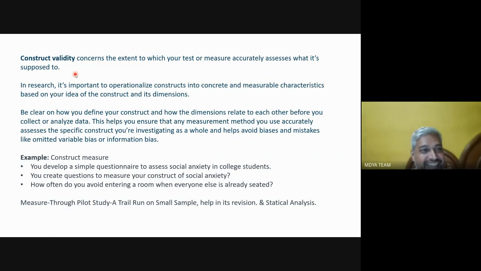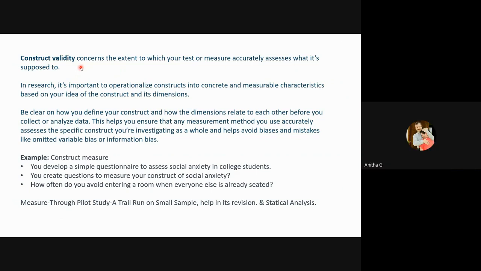Okay. So, construct validity concerns the extent to which your test or measure accurately assesses what it is supposed to. See, what is a construct? Building.